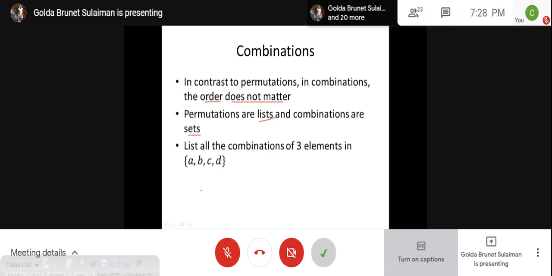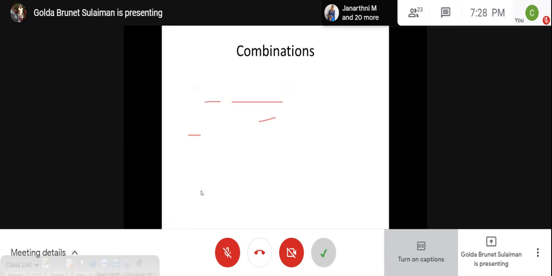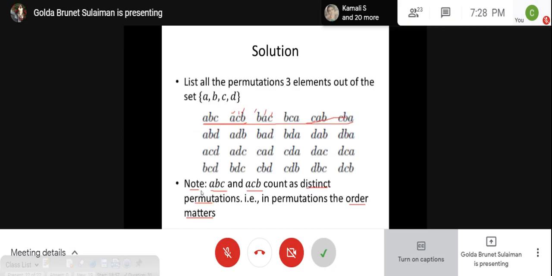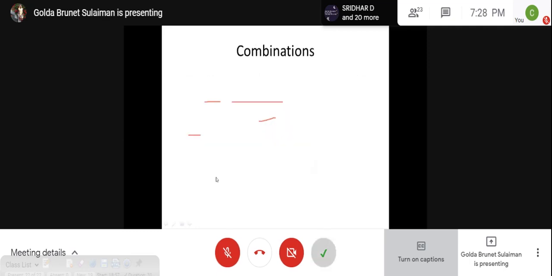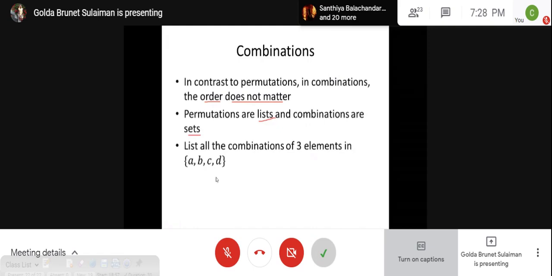So what Sandhya said is the right answer. We have already seen here that in every row we have only one combination. Each row corresponds to a combination. So here the combination is ABC, here it is ABD, here it is ACD, and here it is BCD. So that's the right answer.